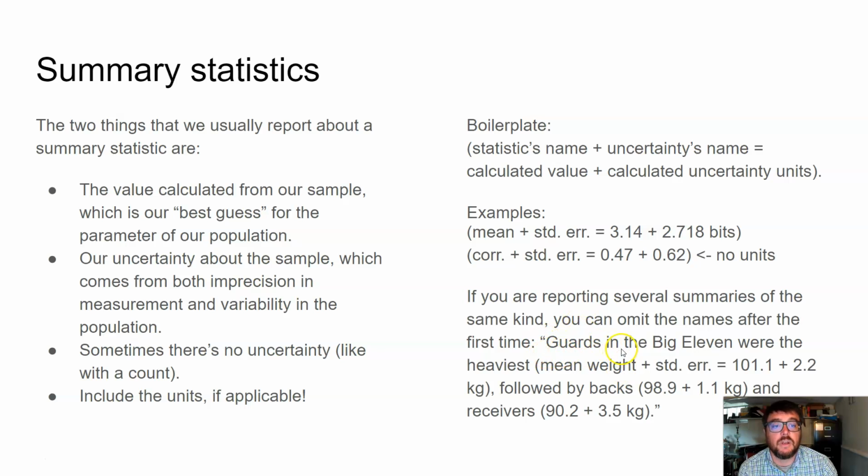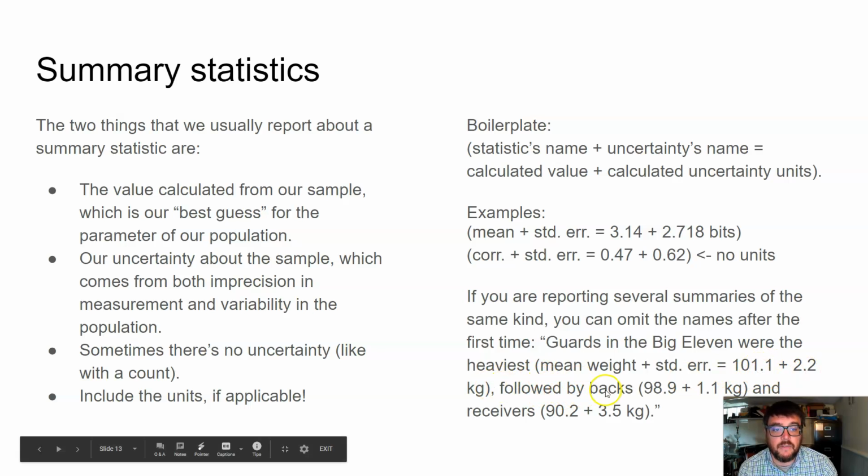So for example, if you're reporting several summaries in a row, you might say what's being reported the first time, the mean weight and the standard error, and then you have that mean weight plus the standard error here, and then the next group with their mean weight and standard error, and the final group with their mean weight and standard error. So in each case, this number plus this number, we're not adding them together, that's a symbolic representation. So hopefully that makes sense to y'all.